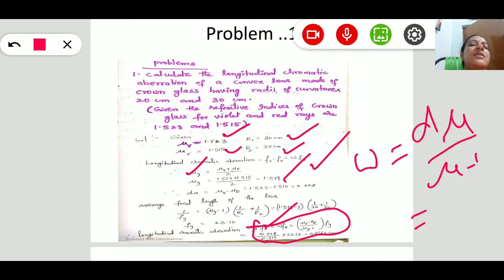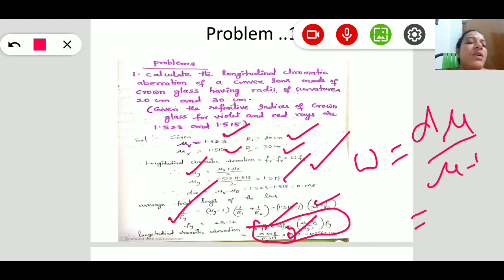Similarly, we know the lens equation to find the average focal length: 1 by Fy, instead of 1 by f, equals mu y minus 1 into 1 by r1 plus 1 by r2, where r2 is taken as negative. By substituting these values we get Fy equal to 23.12. Our needed formula is omega into Fy, equal to d mu by mu minus 1 into Fy.